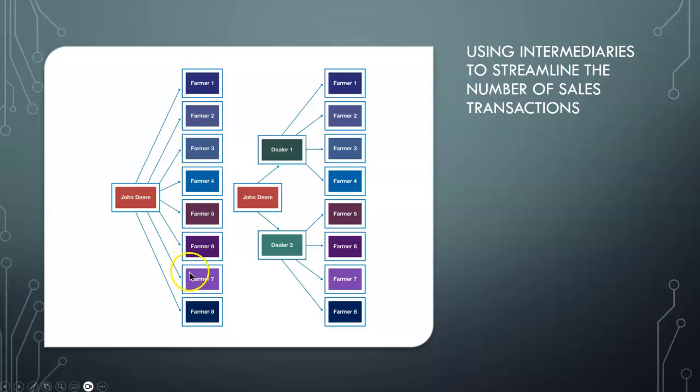And maybe farmer number 7 lives 50 plus miles away from the store. This is going to make it longer to get farmer 7 their products because they have to also meet farmers 1 through 8 as well. In the image on the right, you see that there's dealer 1 and dealer 2. These are what they call intermediaries.